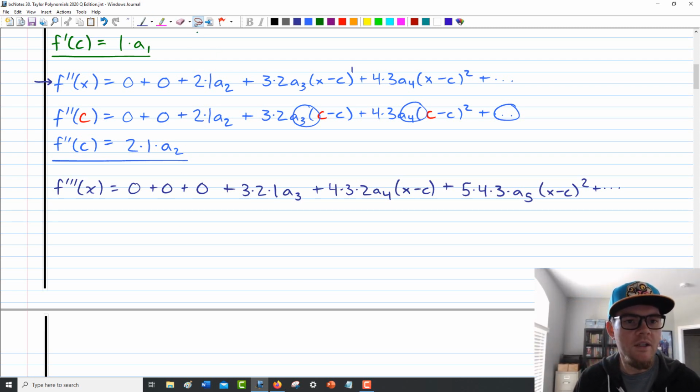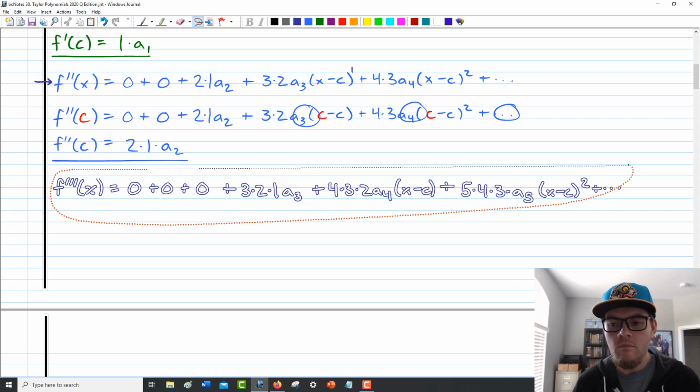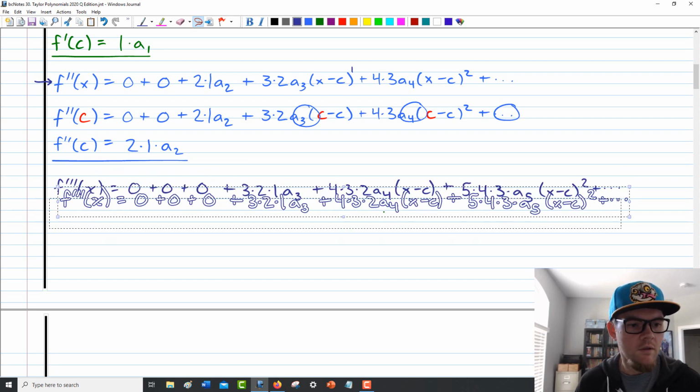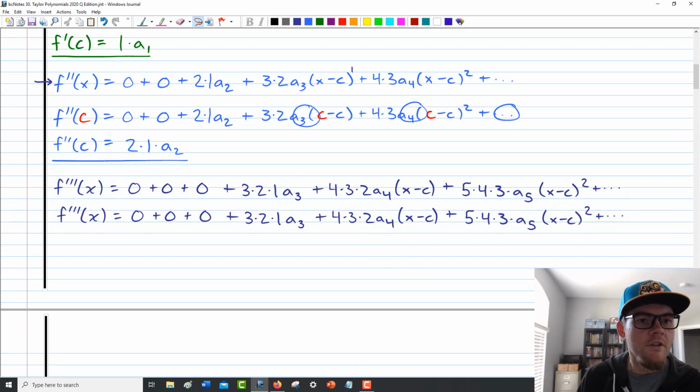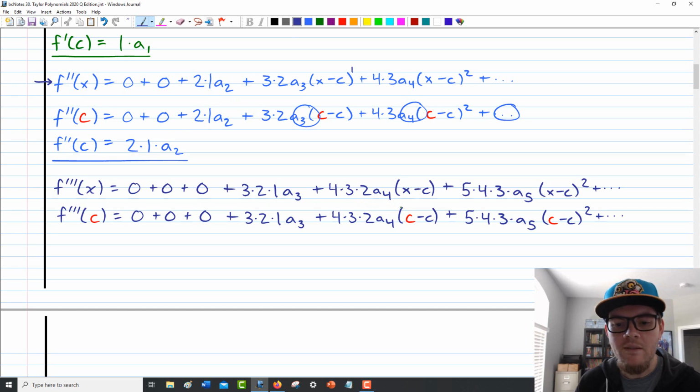Okay, having said that, we've done this trick a few times. I'm going to go ahead and borrow this a little bit. So there's our stuff. We once again want to plug in x equals c. So we'll replace all those x's with a nice red c. When we do, this leaves us with only a few terms left, at least the ones that we can see.